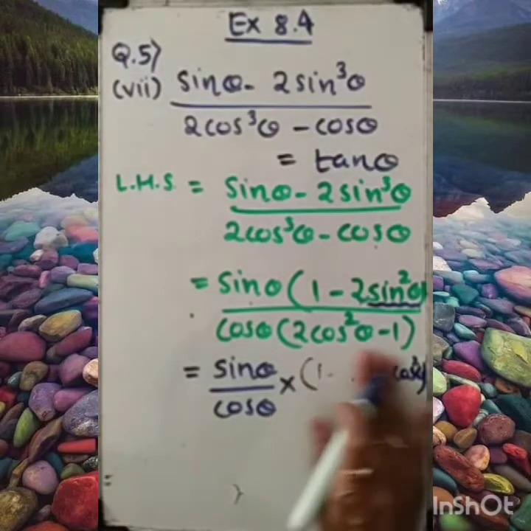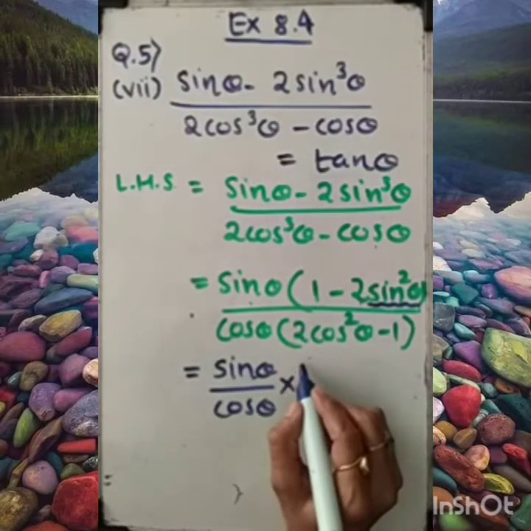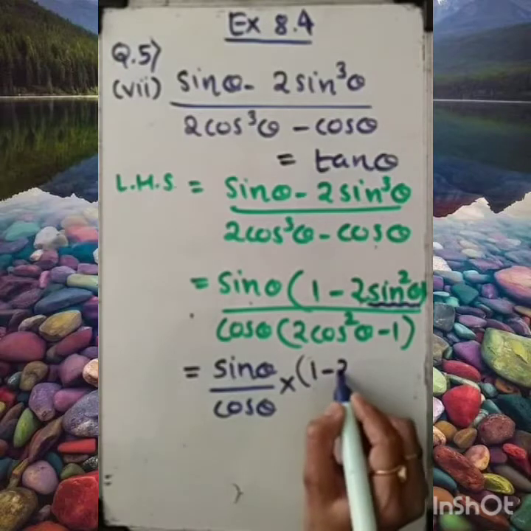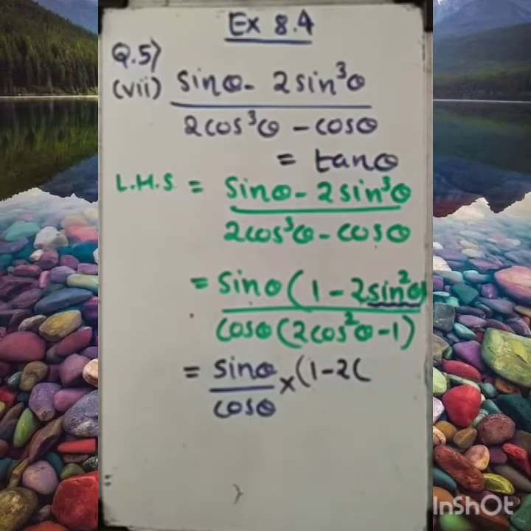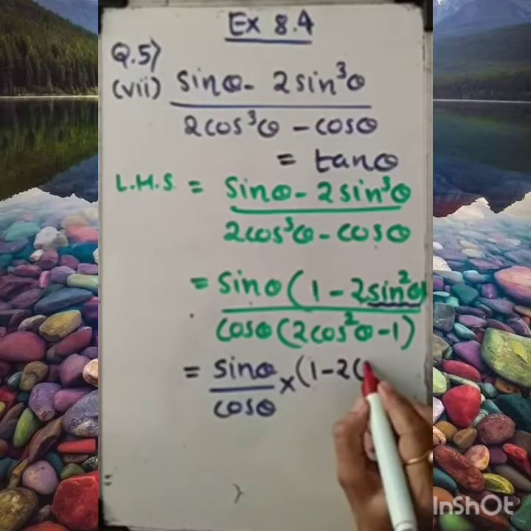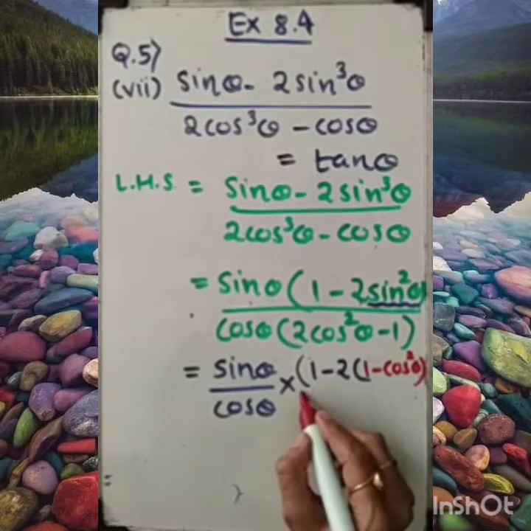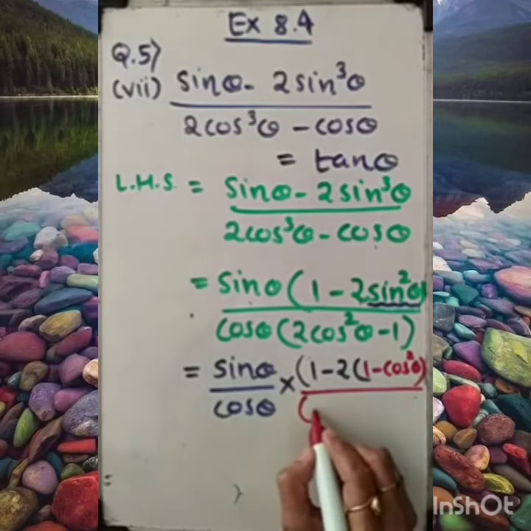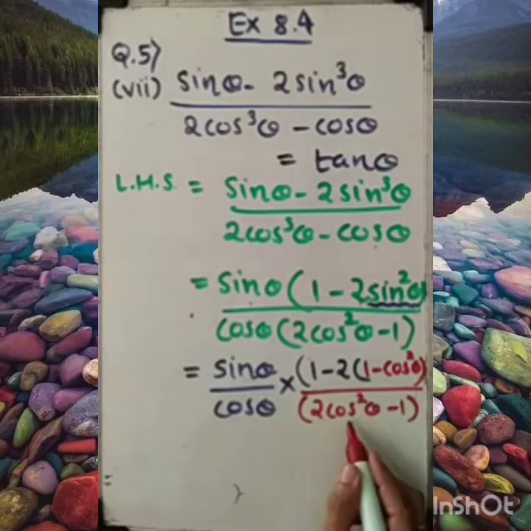Once again I am explaining this term. What we have to do, you look at your screen. Here 1 minus 2 is already there. In place of sine square theta, we can write according to the identity 1 minus cos square theta, bracket over, double bracket. And upon whatever is with us, let it be as it is. We do not have to change this cos into sine.